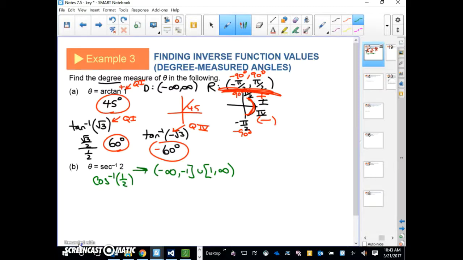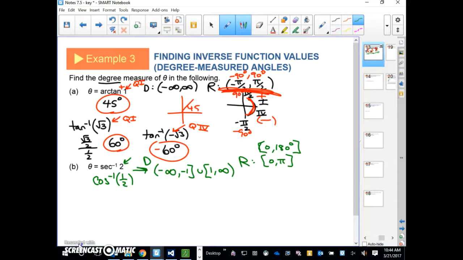So my 2 right here is fine. I'm allowed to plug in a 2. That's the domain. The range for inverse secant is from 0 to pi, or in this case, from 0 to 180 degrees.